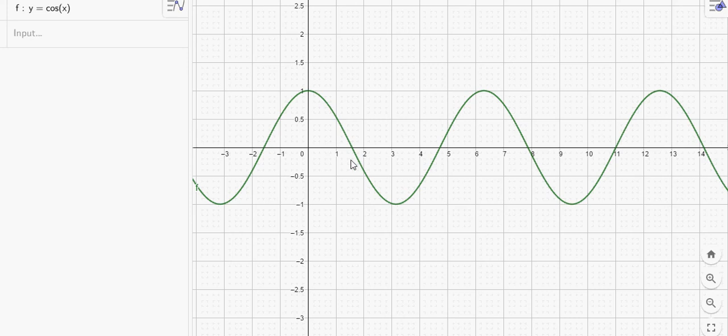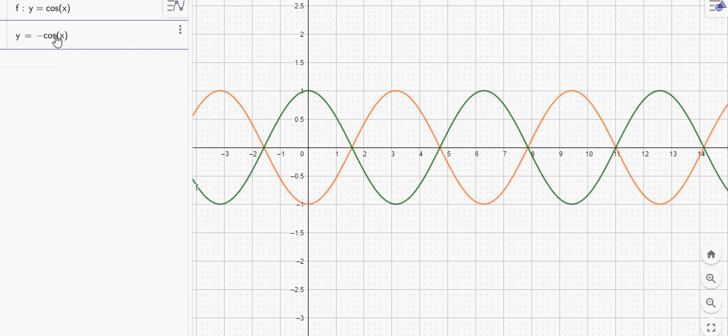Now, if this was y equals minus cos x, what you'll see is a mirror image. You can see that instead of starting at 1, it starts at minus 1.